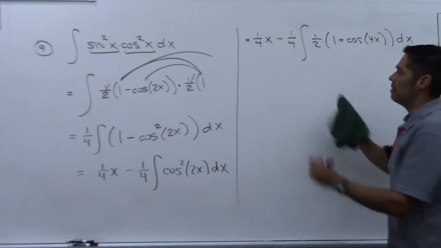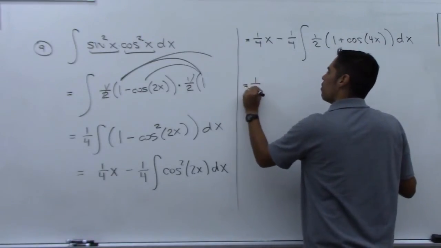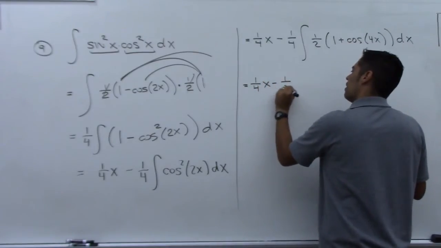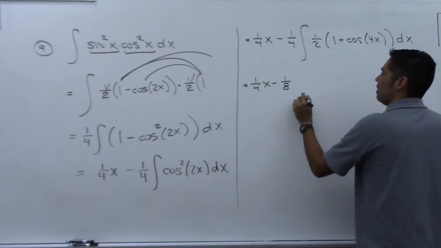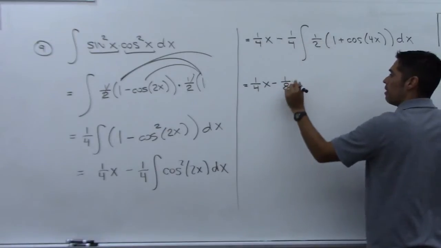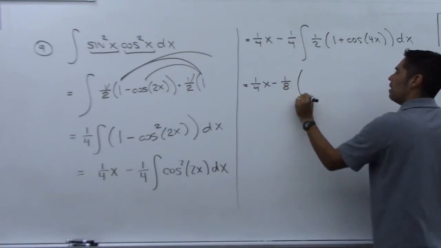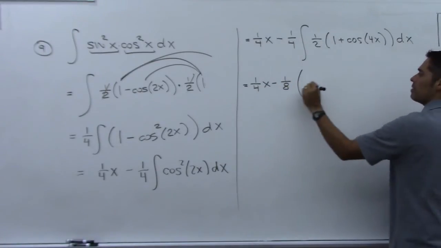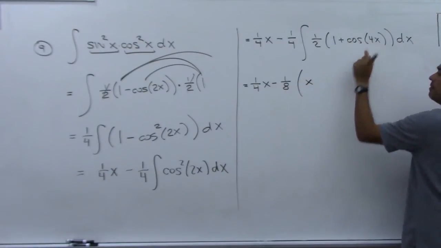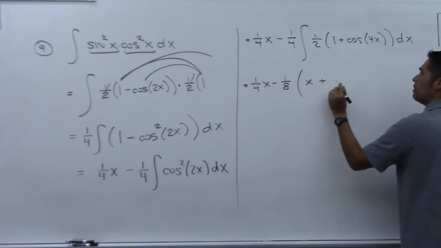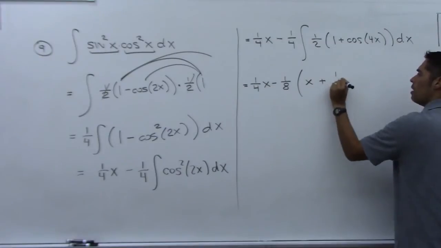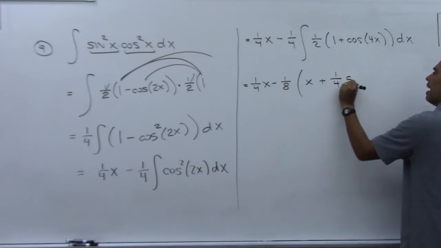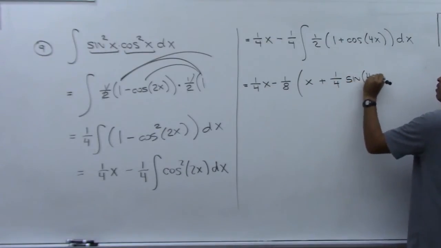I'll have a 1/2 that comes out. So 1/4 minus 1/8, and then those two are taken care of. Let's find the antiderivative here. Antiderivative of 1 with respect to x is x. Antiderivative of cosine of 4x is going to be plus, because it's plus here, 1 over 4, because I have to scale by a, sine 4x.